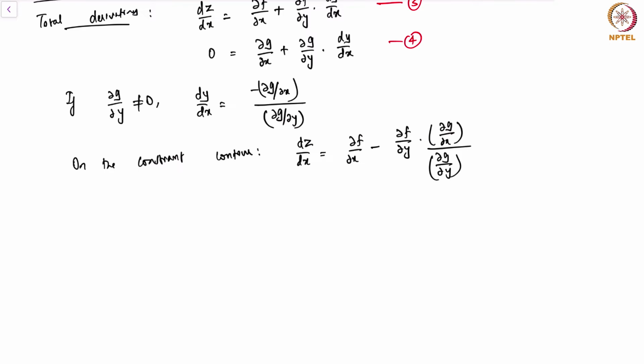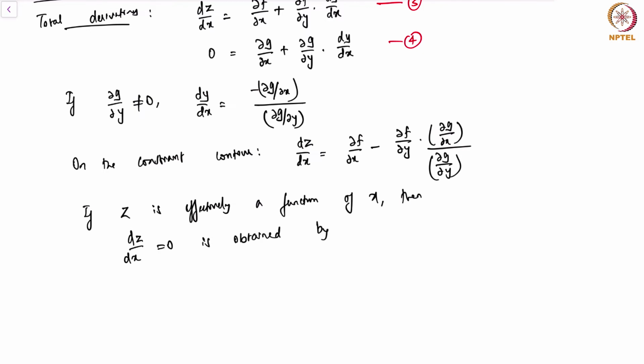Okay, so the solution to our problem, if z is effectively a function of x, then dz by dx equal to 0 is obtained by solving the following equation.